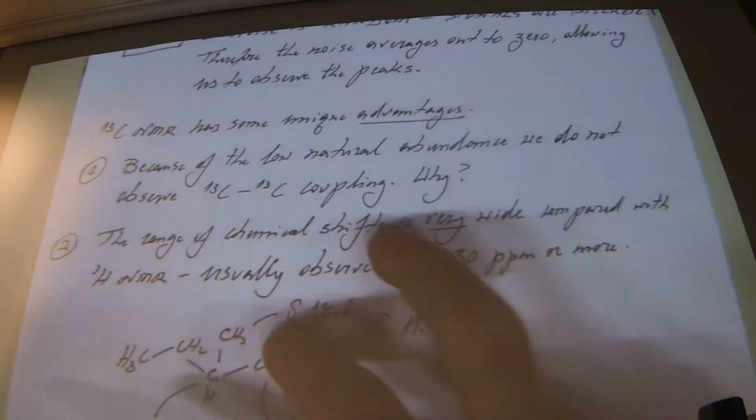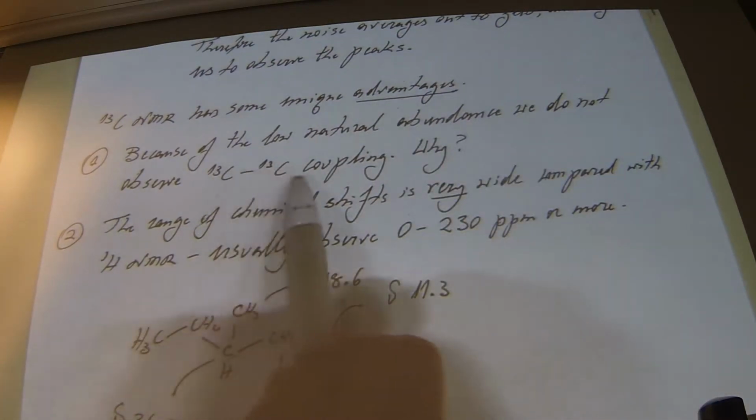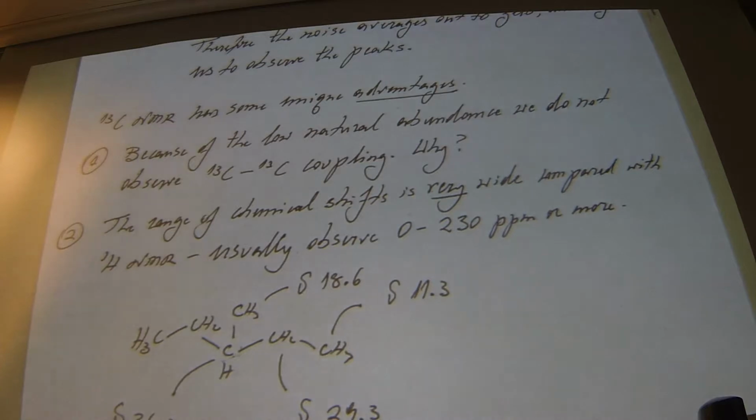C13 has, however, some very unique advantages, and I kind of hinted at one. Because of the low natural abundance, you never observe C13 splitting. The reason is the one that you already told me: 1.1%. The chance of having two of these C13s in the same molecule becomes, for practical purposes, zero. So you don't see C13 coupling, and each peak appears as a singlet after it's been decoupled.